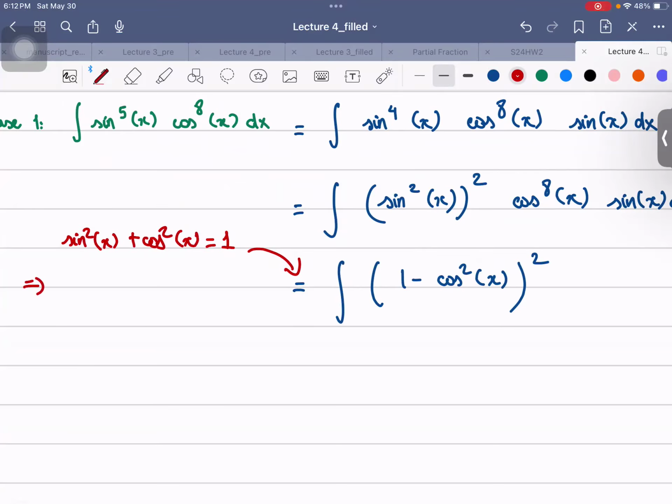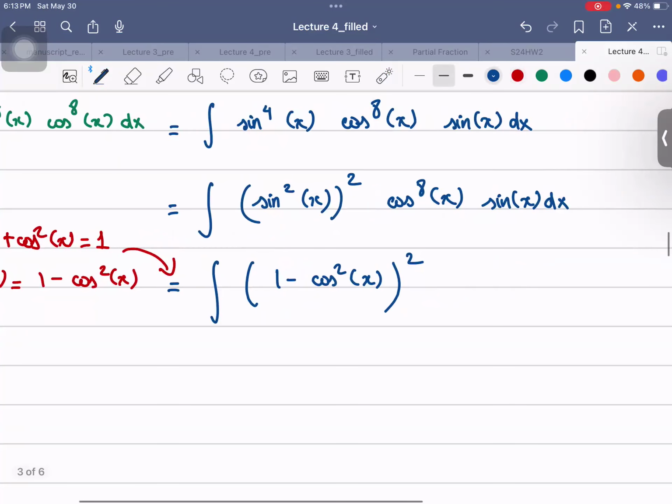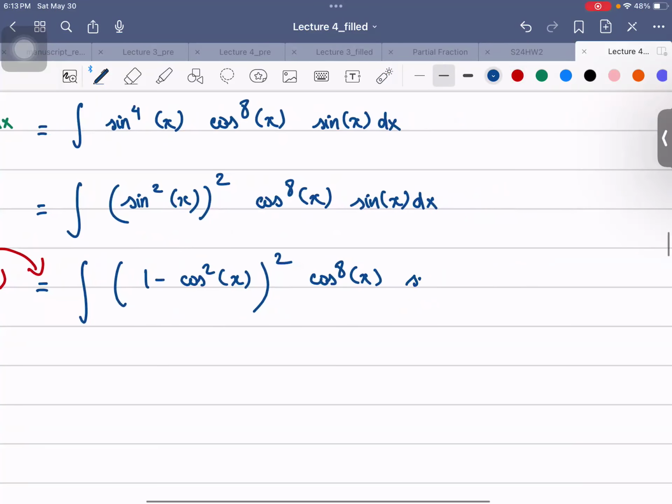That means sine squared of x is 1 minus cosine squared of x. So I just replace this by 1 minus cosine squared, and I have cosine to the power of a of x, sine of x dx.